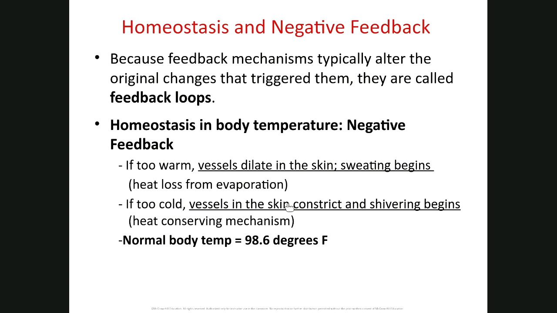Vessels constricting in the skin diverts blood flow from the outer part of the body, from the skin, to the inside of the body where all your organs are. Okay, so that's important. That's why we're having blood vessel constriction in the skin when we're cold.